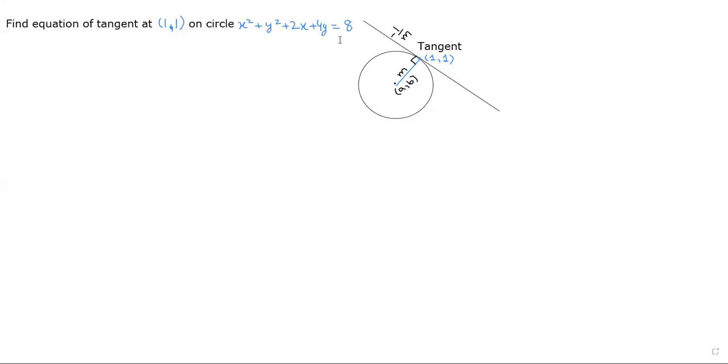Okay, so let's start with this working first and see where we can go. First of all, I need the center coordinate. The equation of the circle is given to me, so I will start from this position.